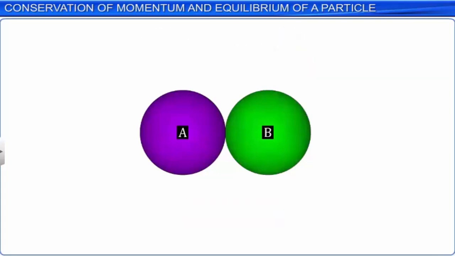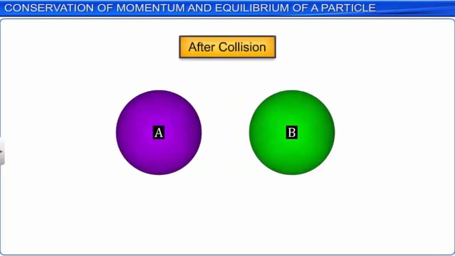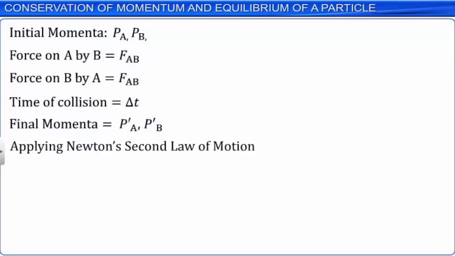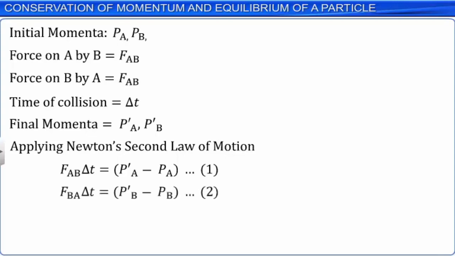Now, the final momentum of A after collision is P-A, and the final momentum of B after collision is P-B. Applying Newton's second law of motion to the two bodies, we get FAB delta T is equal to P-A minus PA, and FBA delta T is equal to P-B minus PB.